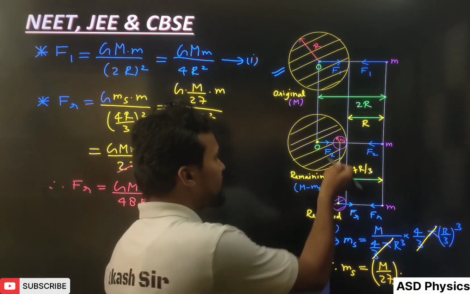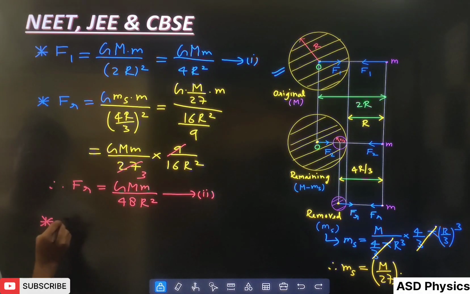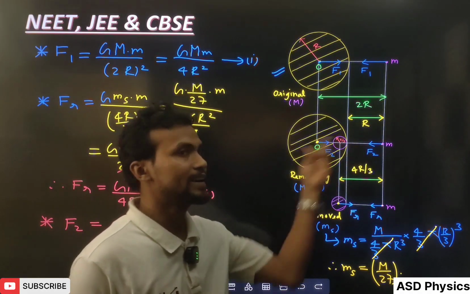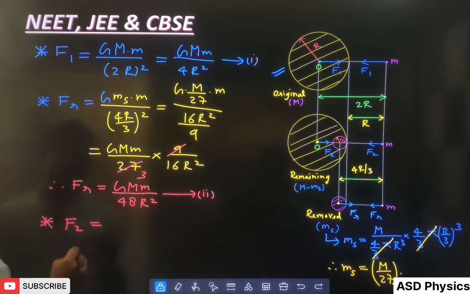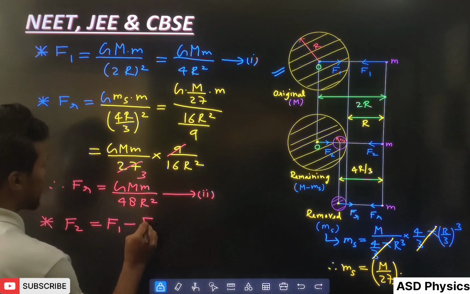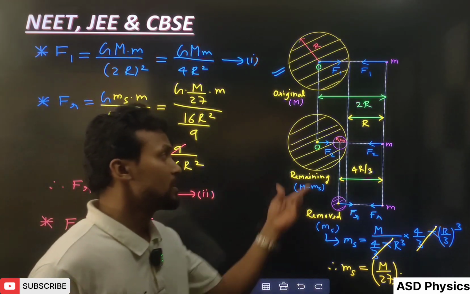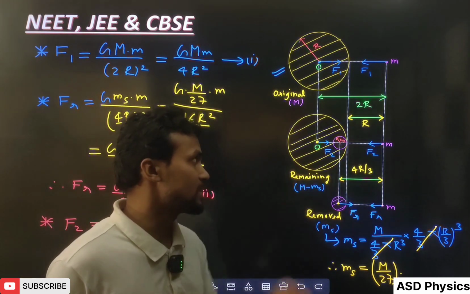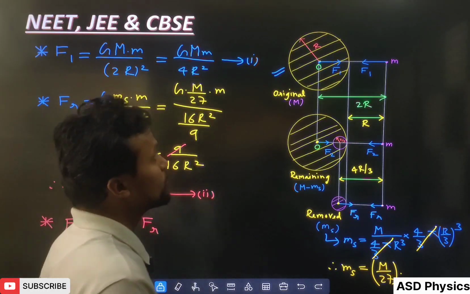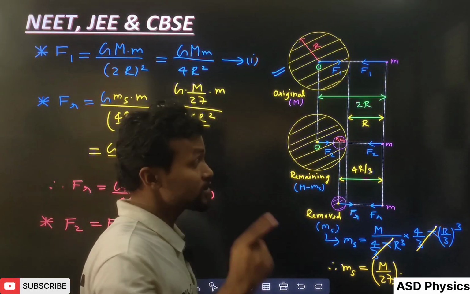Now to get the value of F2, we will use the principle of superposition. F2 means the force between the remaining sphere and the point mass. So this will become F original, that means F1 minus F removed sphere, principle of superposition. And again I am telling, the force between the remaining sphere and the point mass is equal to the force between the original sphere and point mass minus, because mass is removed.